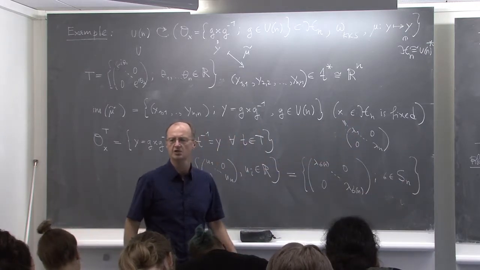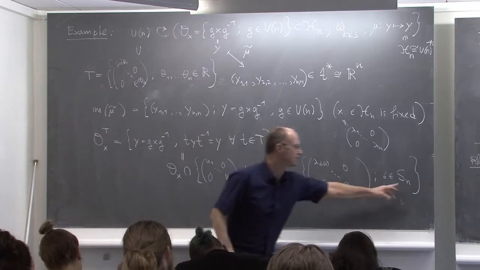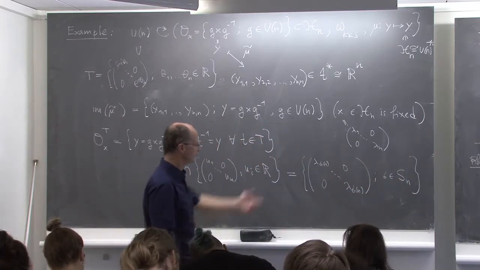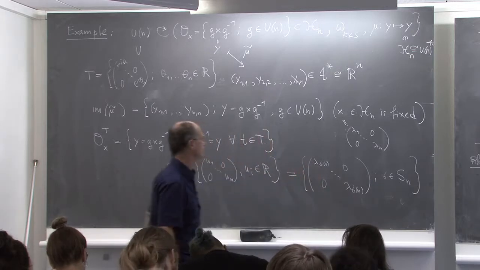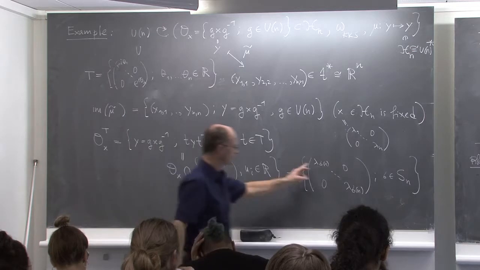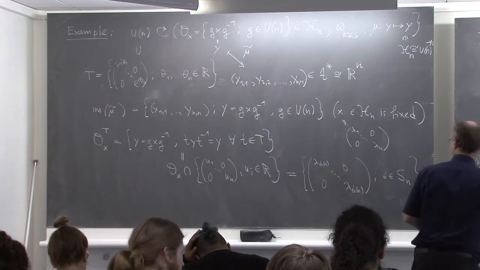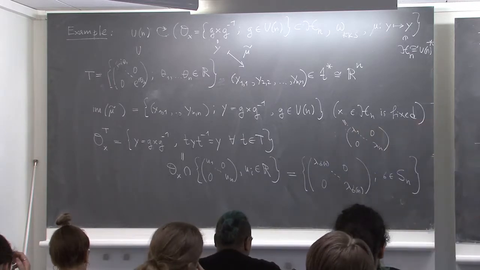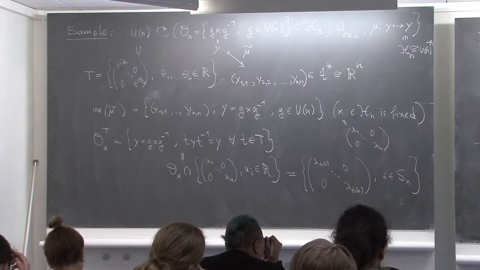I'm not sure what's the notation that you like, S_n or sigma_n or whatever. So we apply all the permutations, and we obtain all diagonal matrices with different permutations of lambdas. So that's basically the answer.